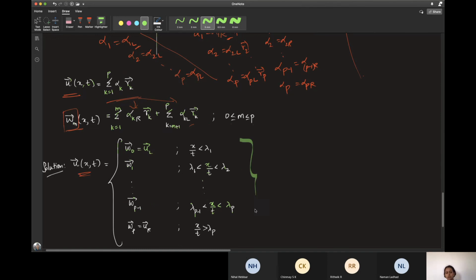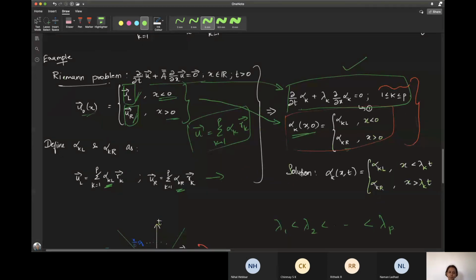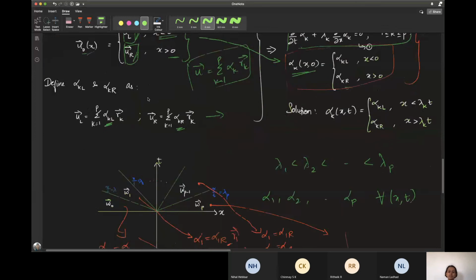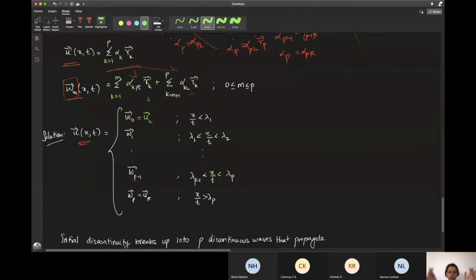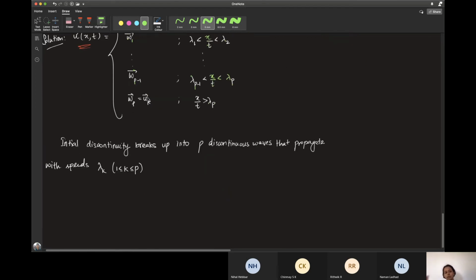So this is what your solution is for the Riemann problem. This is just to show how a system can be transformed into scalar equations, and how the solutions for the scalar equations get transformed into the solution for the whole system of equations.